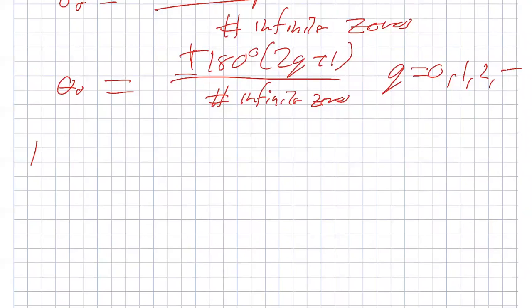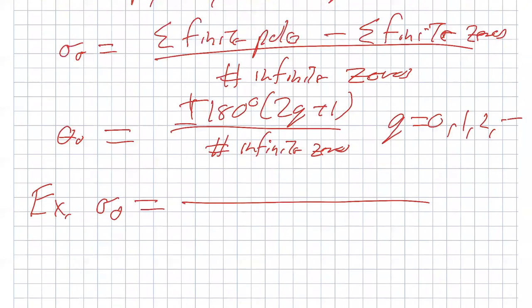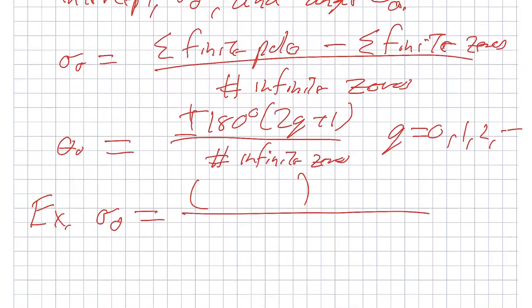So in our example, we're going to sum the poles, subtract the zeros, and divide by the number of infinite zeros.